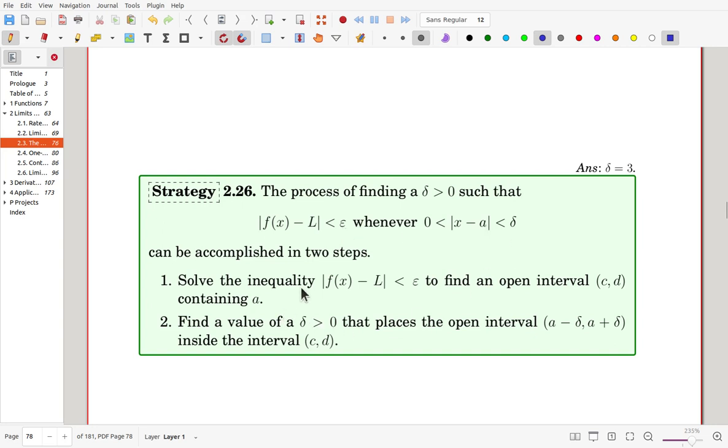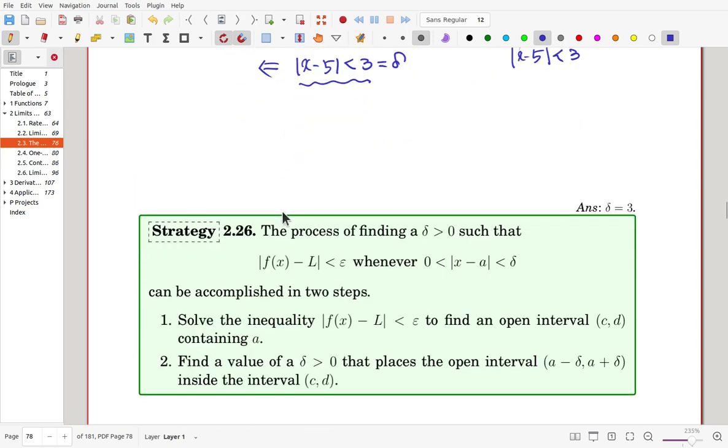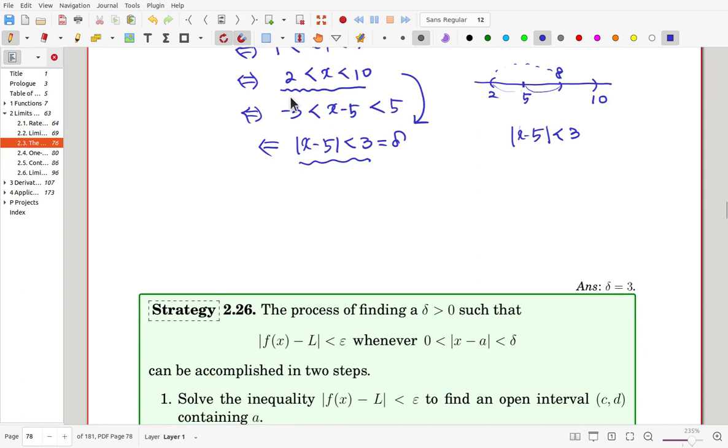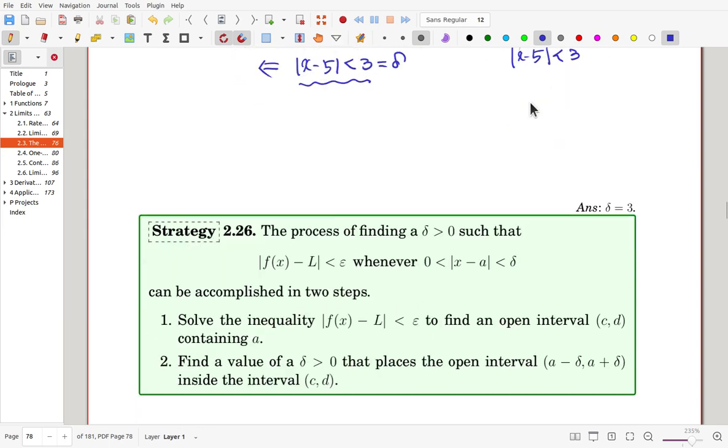In order to do that, first we have to solve the inequality. Here, f(x) is practically a function of x. And then, as in this example, you can find the interval for x. In this case, c is 2 and d is 10, so the interval (c, d) can be found. Of course, here a is 5, so between 2 and 10, 5 is included.